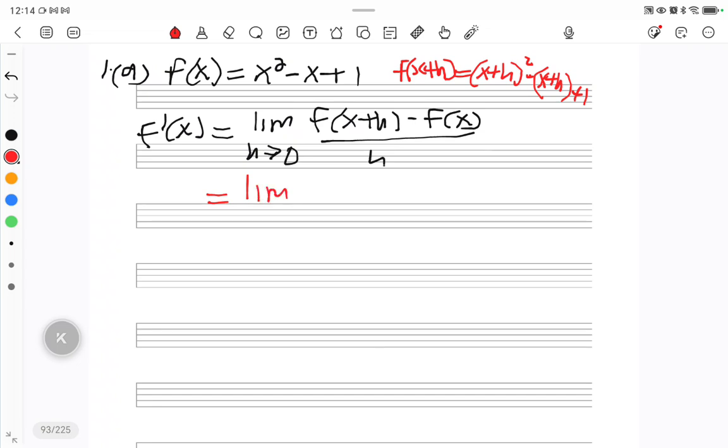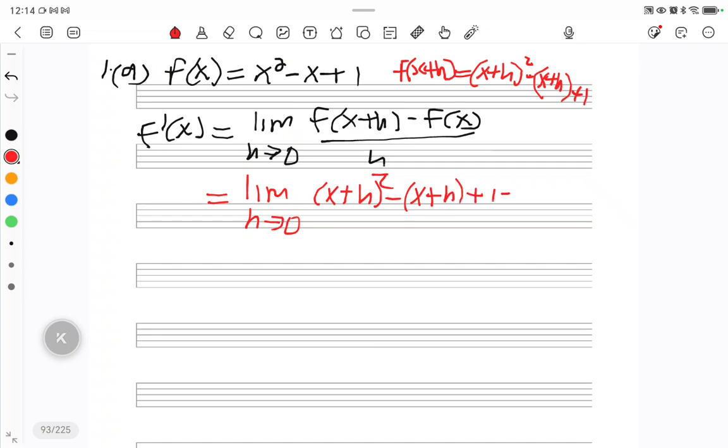We'll have the limit as h approaches 0 of, we know that f of x plus h is x plus h squared minus x plus h plus 1.